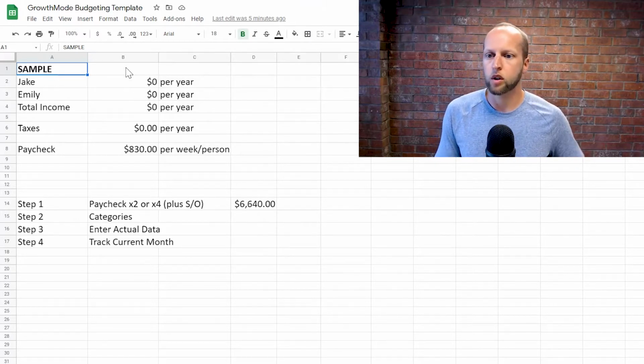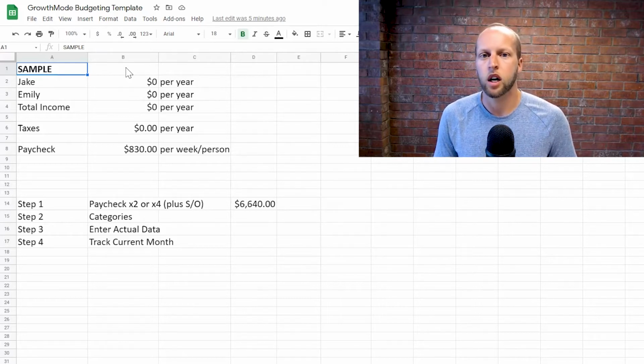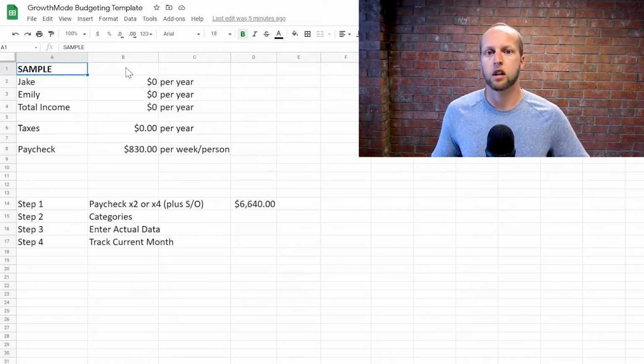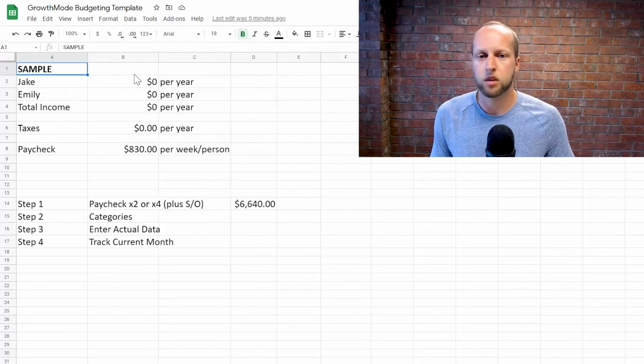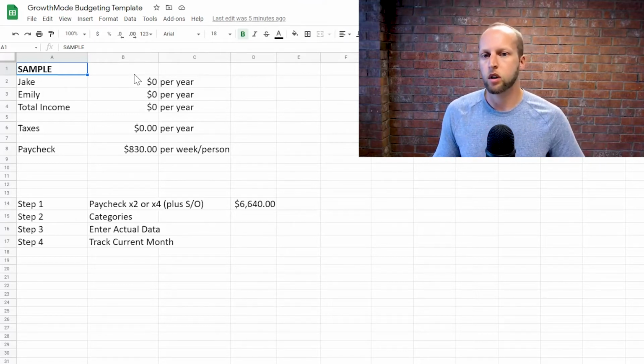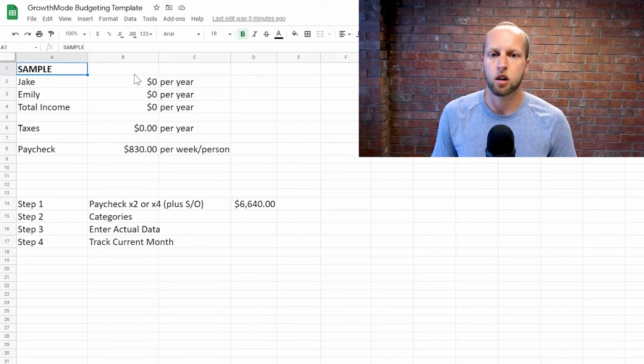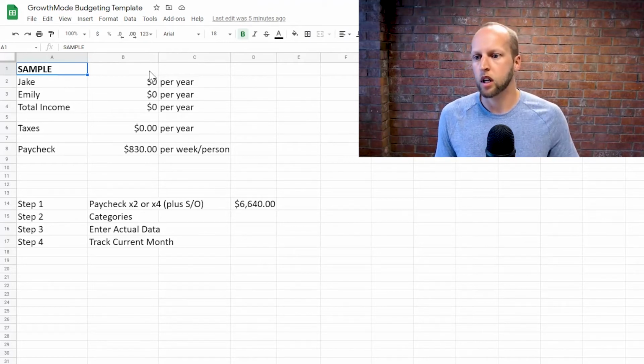So what I want to do is take a sample dual income scenario. Could be married, not married, but you're treating this as a collective environment where you're saying, hey, we're a team here, and we've got a couple of incomes. Obviously, if you're running solo, you're just going to use your number in terms of income.